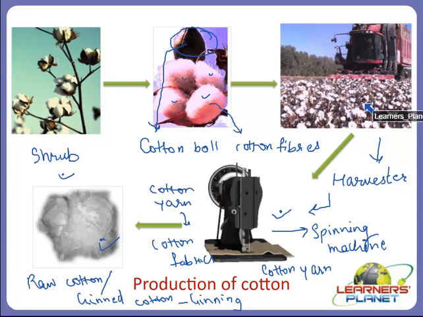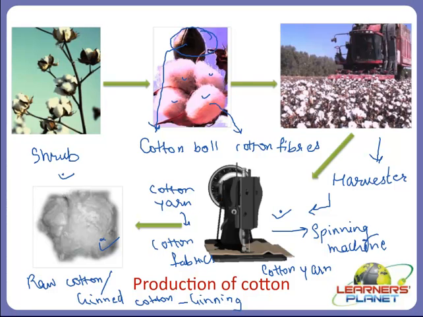Right? So in India, cotton is grown in Punjab, Rajasthan, Gujarat, Madhya Pradesh, Maharashtra and Tamil Nadu. So remember this. This is general knowledge for you. Right?